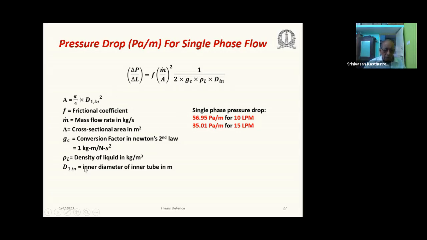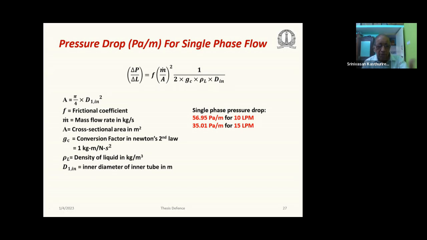All the parameters are defined here: rho L represents the density of the liquid, d1 in represents the inner diameter of the inner tube, and f is the friction coefficient. We can calculate the friction coefficient based on the Reynolds number, as we did last time.